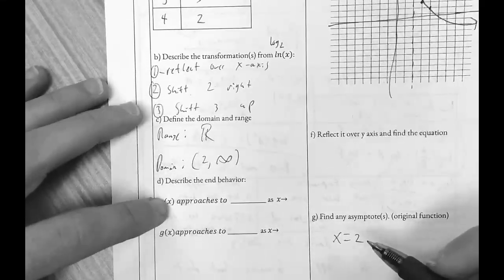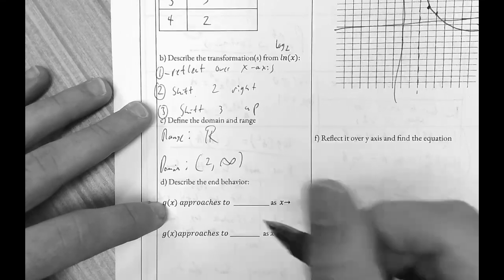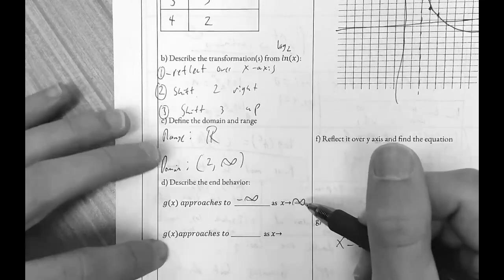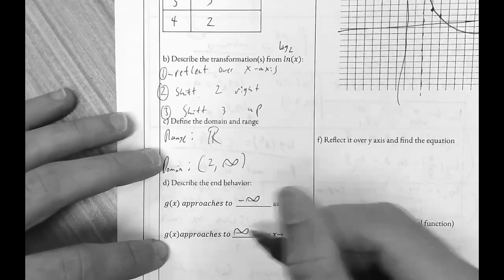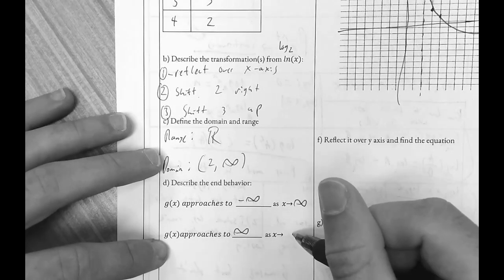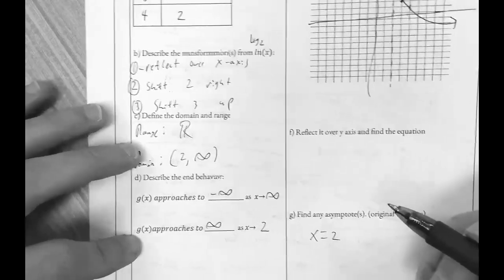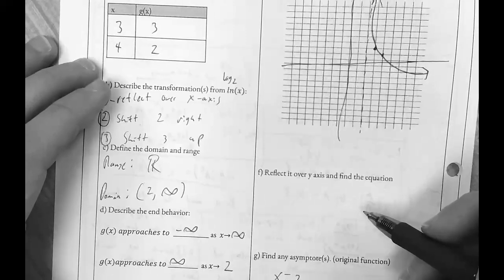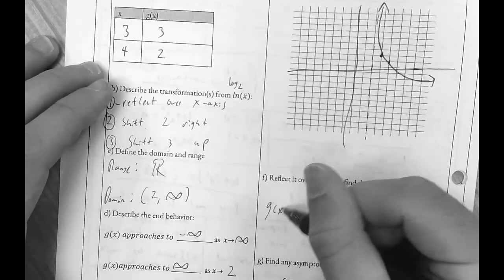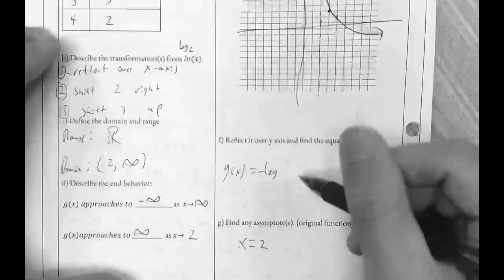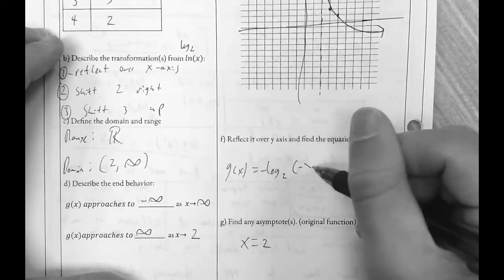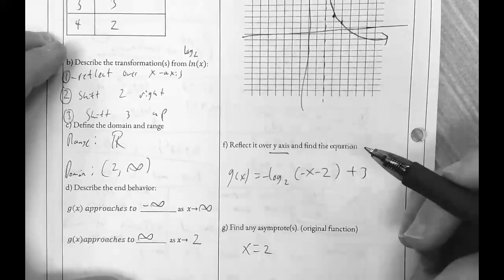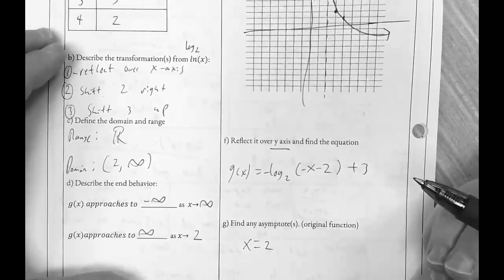So g of x approaches negative infinity as x goes to infinity, and g approaches infinity as x goes to 2. If we reflect this over the y-axis and find the equation, this would be g of x equals negative log base 2 of negative x minus 2, plus 3. Reflecting over the y-axis just means making the inside x negative.